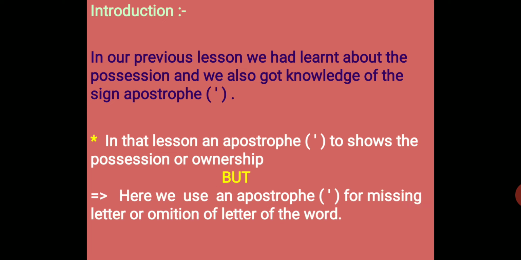But here we use an apostrophe for a missing letter, or omission of a letter of the word. In this lesson also we are going to use an apostrophe, but for another purpose. In our previous lesson we used apostrophe s and apostrophe to show possession, and in this lesson, we are going to use an apostrophe to make a word in a short form.